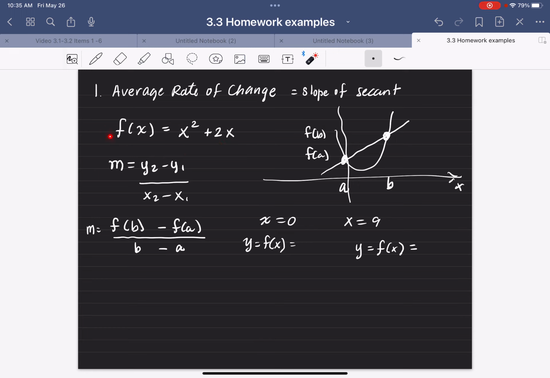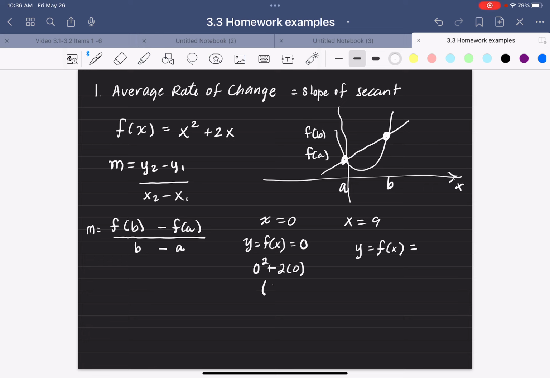Remember, f of x means in a function named f with an input of x, what is the y value? This is our rule, x squared plus 2x. So to find this, we have to do 0 squared plus 2 times 0. So that one comes out to be 0.